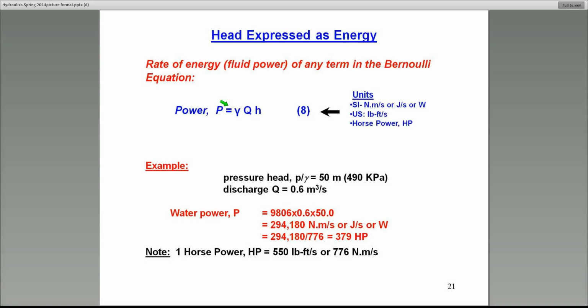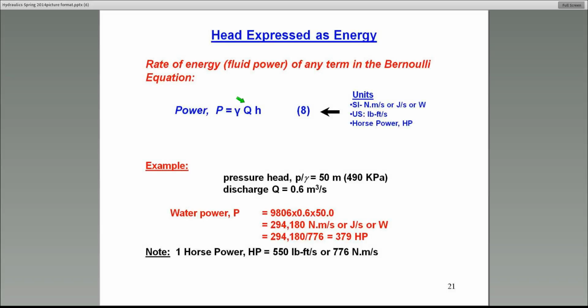And how did I get that? Rho times g. You have to know at least the density of water to get that value. For example, density of water in US units is 1.93 slugs per feet cubed. So multiply that with g, which is 32.2, and you'll get 62.4, approximately.